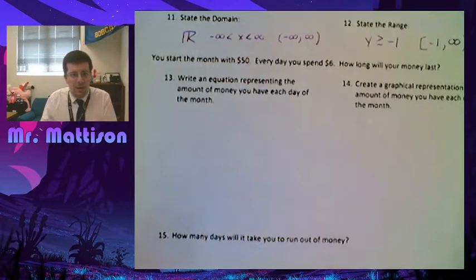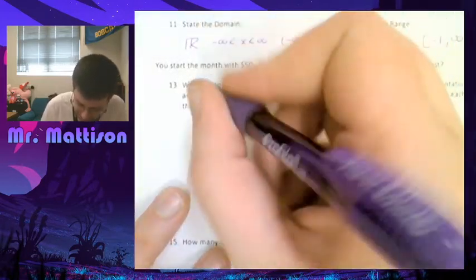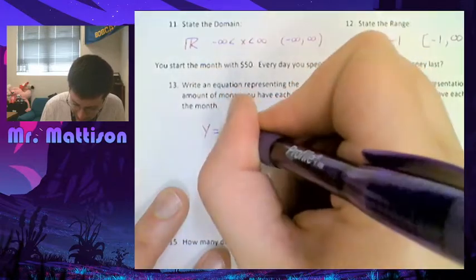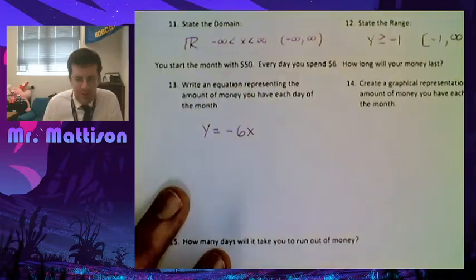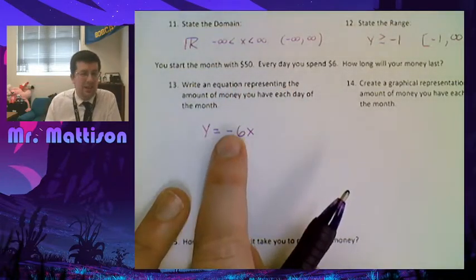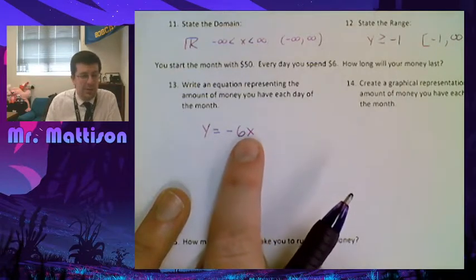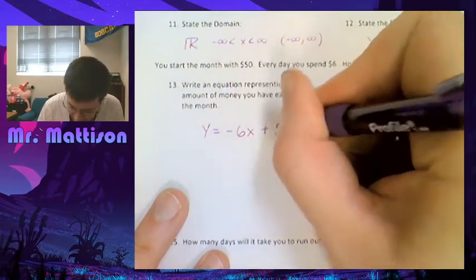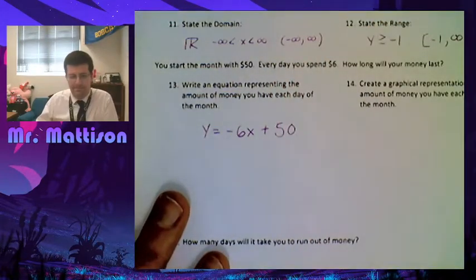So I can go straight to my linear model here and say, well, this would be y is equal to -6x, because I'm losing $6, so I need to have it be negative, where x is my number of days, plus $50 is where I'm going to start.